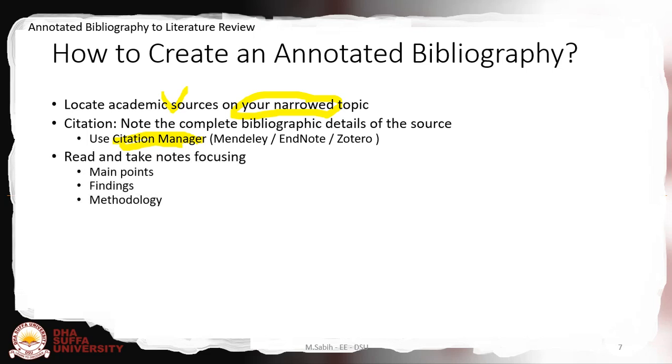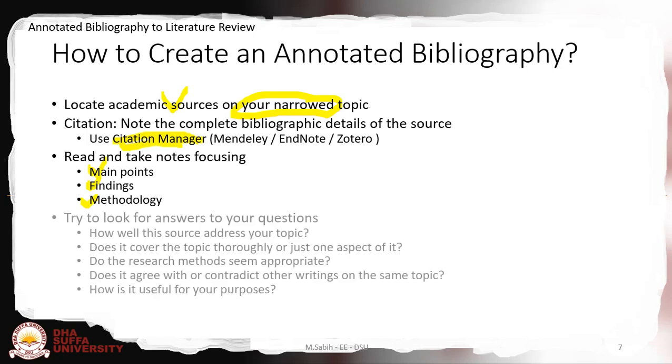And then you read and take notes, focusing on what the main points and findings of this author or source are, and what kind of methodology. It's always good to go back to the way you were thinking about writing the abstract and keep thinking about the main areas you are working on: main topic, findings and methodology.